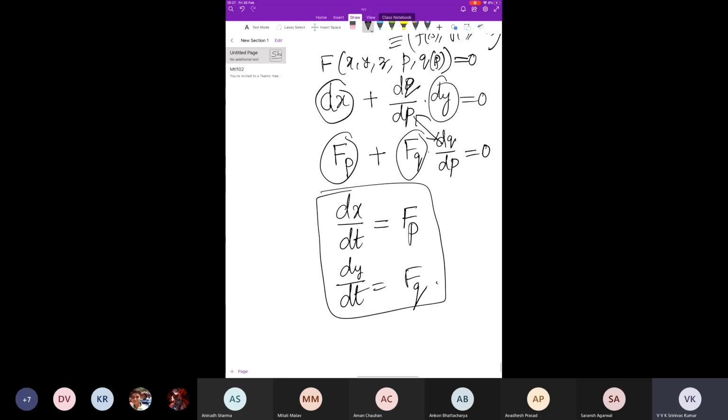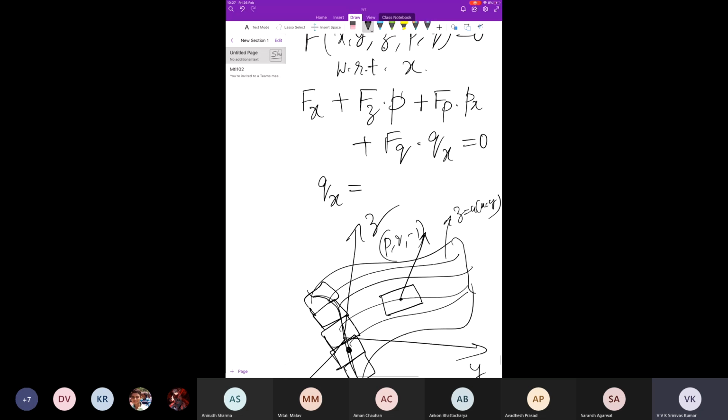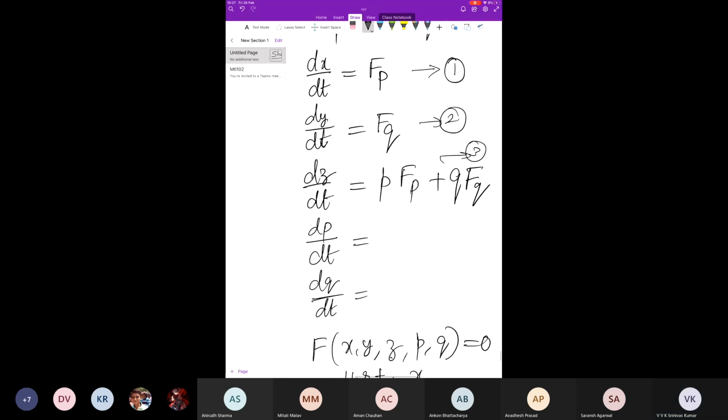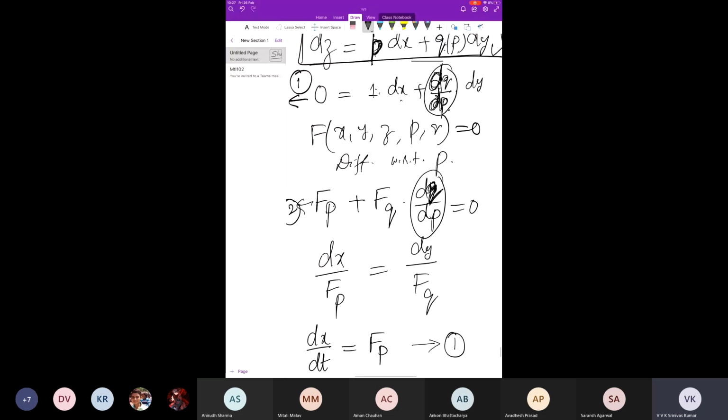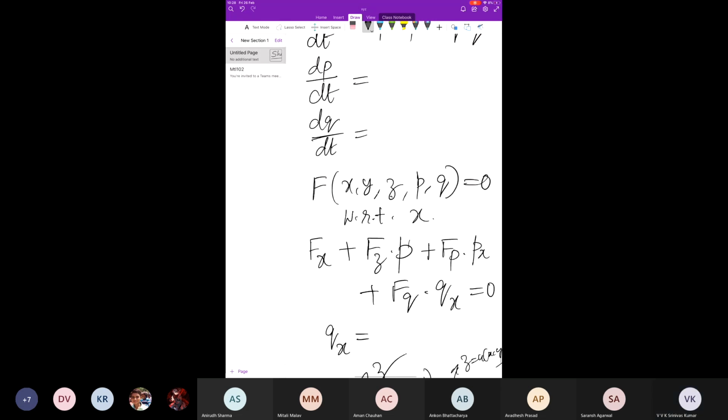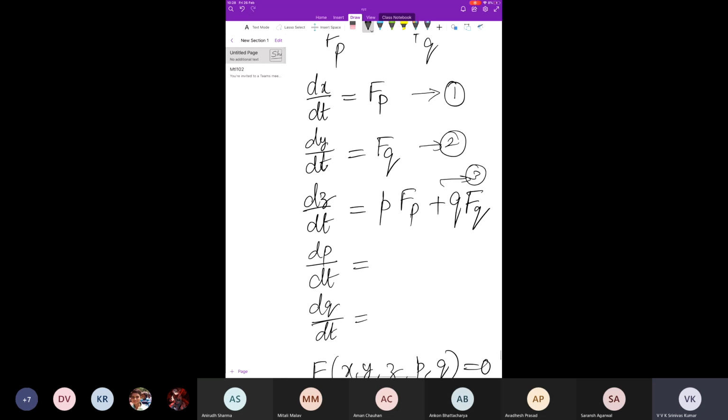And directly from the tangent plane equation, we get the third equation: to get dz upon dt, you write p times fp plus q times fq. That's how we got these three equations.